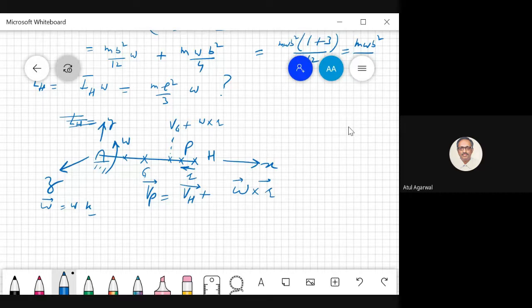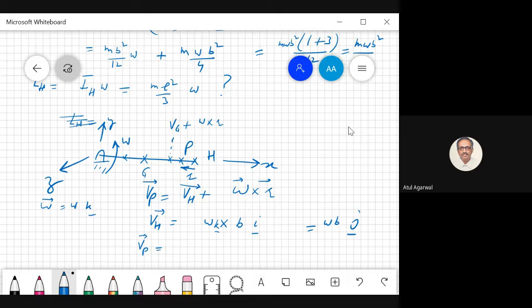What is velocity of H? Omega cross distance b i. This is the velocity of point H. So k cross i is j. Now what is velocity of point P?